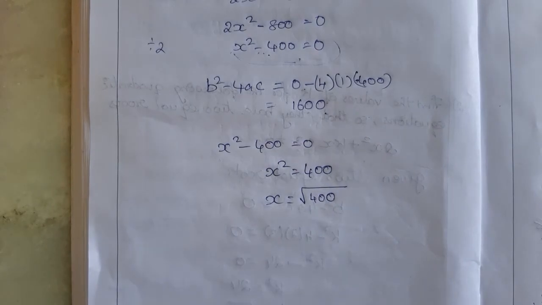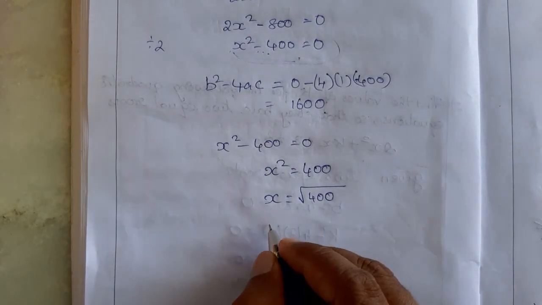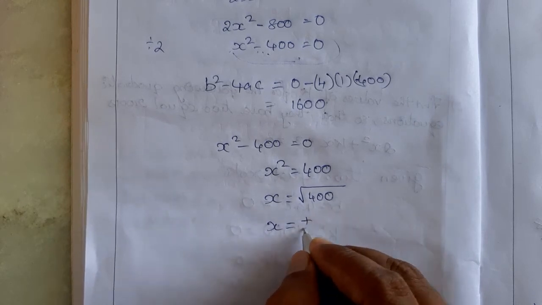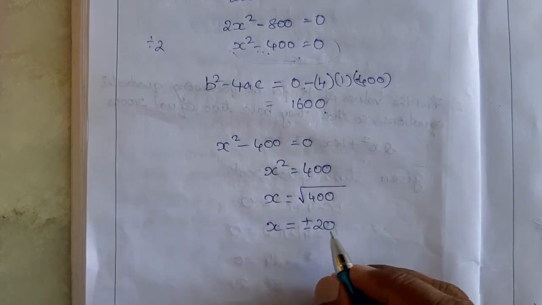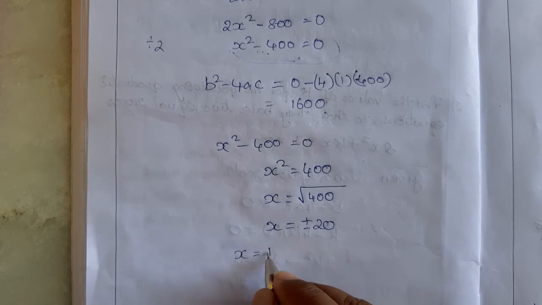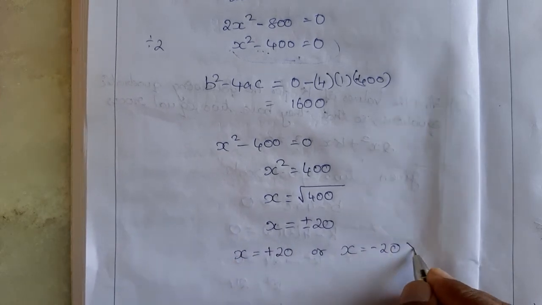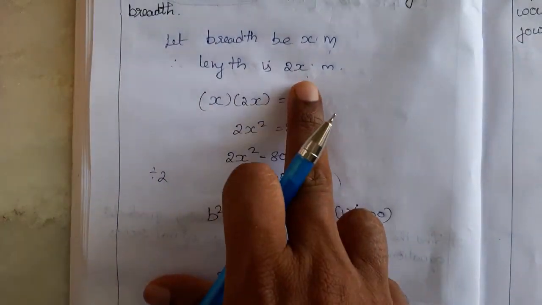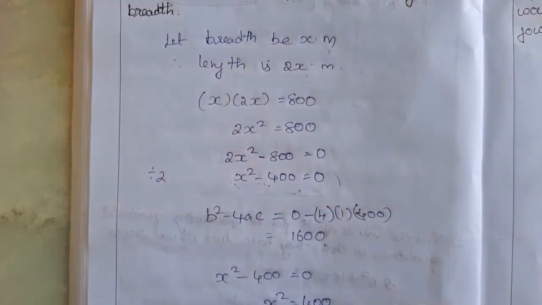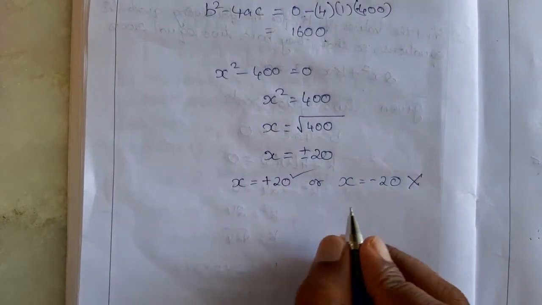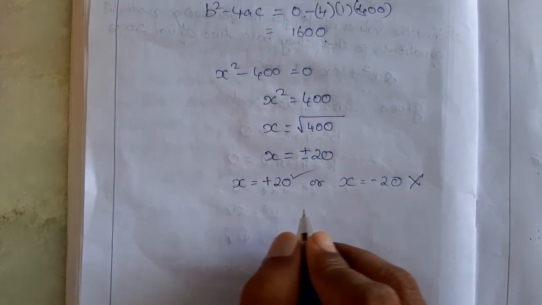The square root of 400 is 20, and being a square root, it is plus or minus. So plus or minus 20. So x value will be plus 20 or x is equal to minus 20, and minus 20 is not possible since it is the breadth. A length cannot be negative. So we will choose x is equal to plus 20.